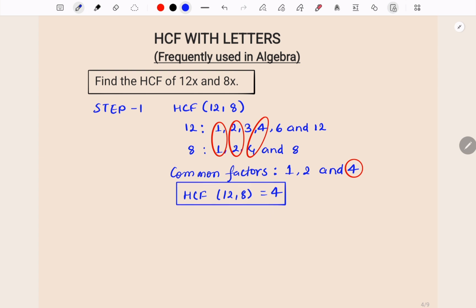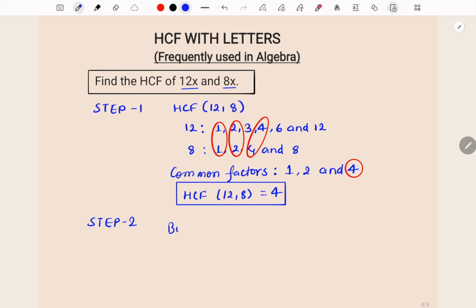Now, let's talk about the second step, and the second step is concerned with the letters. We can see that both of these terms, 12x and 8x, contain an x. Both terms contain x, so this x is the common factor.